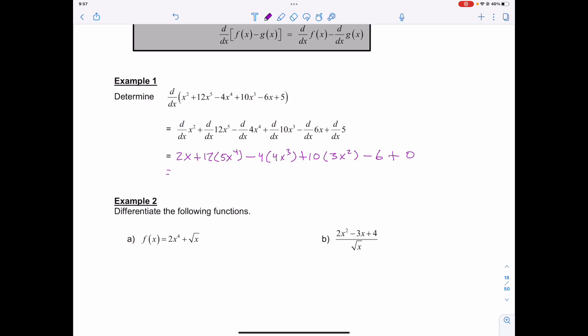This is going to give me 2x plus 60x to the 4 minus 16x cubed plus 30x squared minus 6. Or when I put it in descending order by degree, 60x to the 4 minus 16x cubed plus 30x squared plus 2x minus 6.